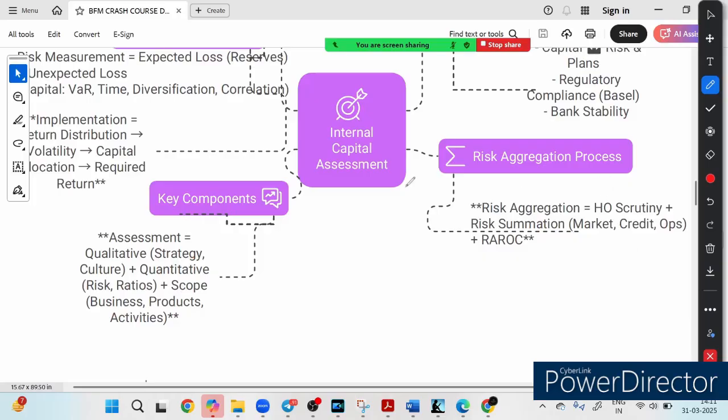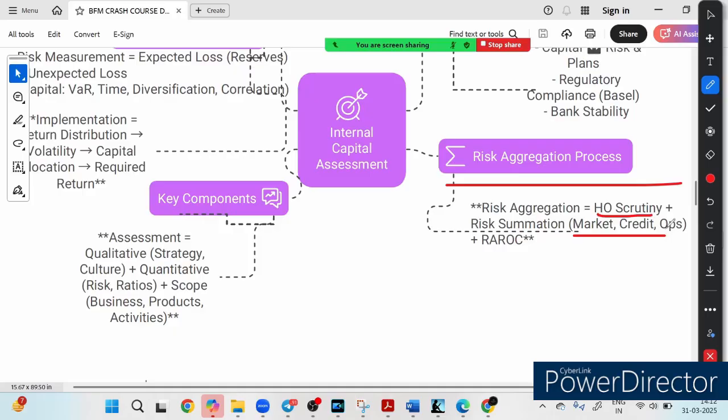Now let's look at the risk aggregation policy process. Lastly, a bank needs to aggregate all forms of risk, whether market, credit or operational, into a single comprehensive risk profile. This involves scrutiny at the head office (HO) level, and summation of risk using RAROC metrics, to ensure consistency and accuracy.